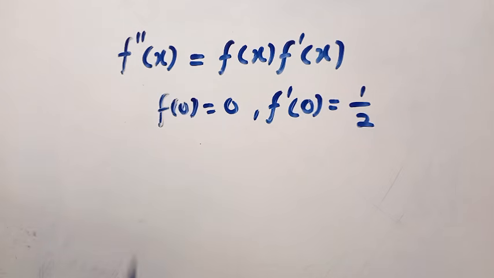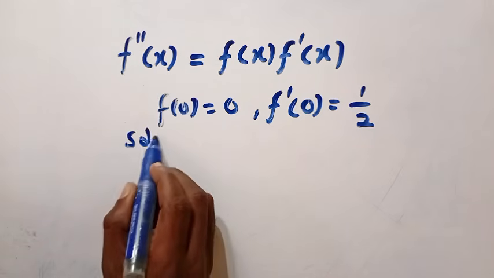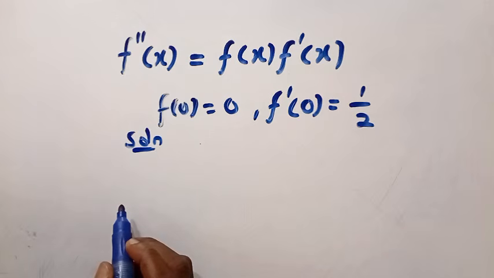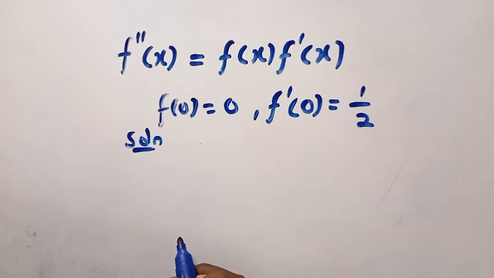The first step we are going to take is to check for some patterns. Then after checking the patterns, we are going to consider integrating it. Looking at the right hand side, we have f of x and f prime of x.